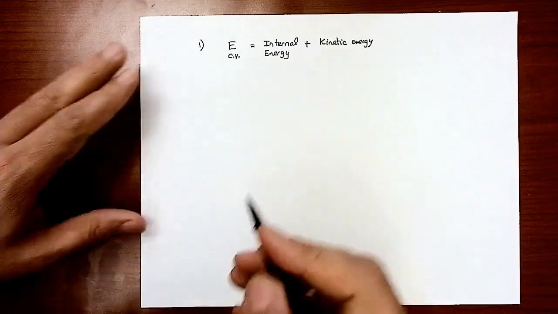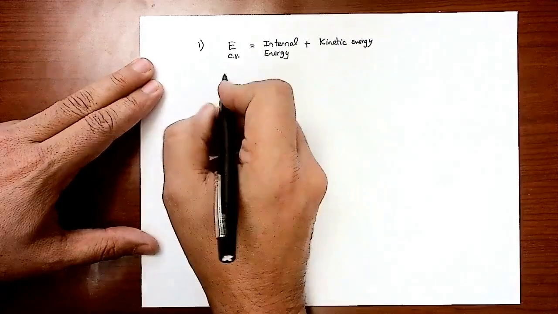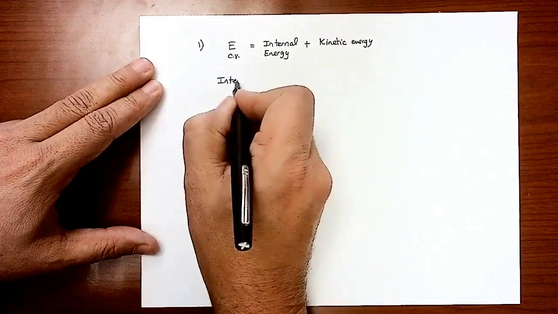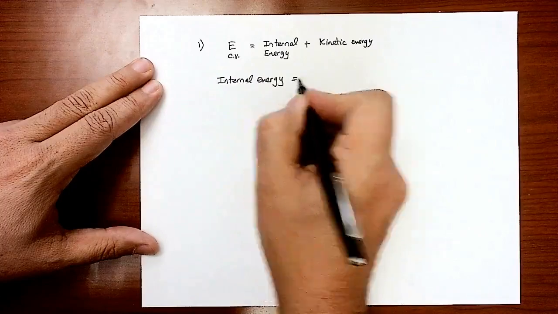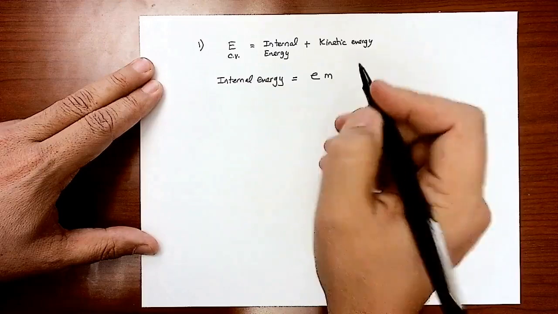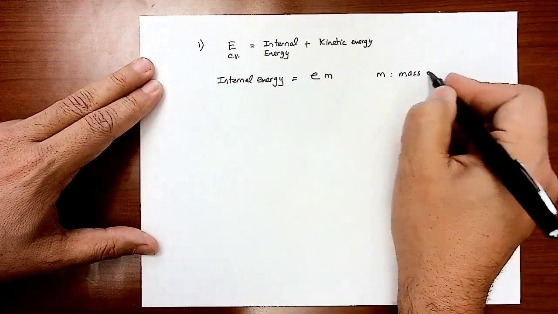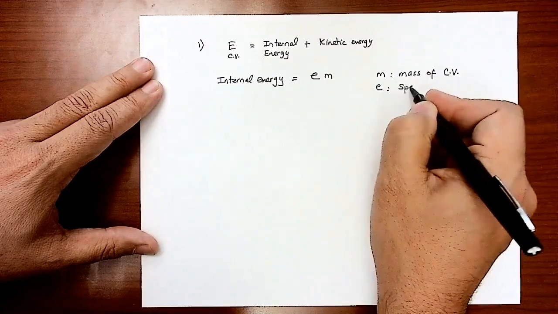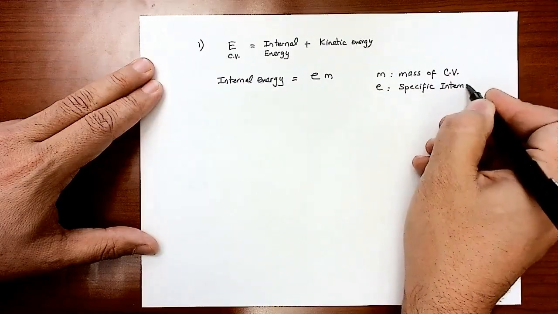So how do we calculate the internal energy? Internal energy is simply defined by e times m. m is the mass of the control volume, and e is the specific internal energy.